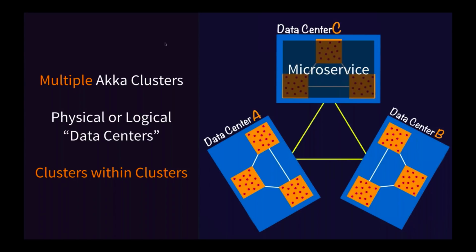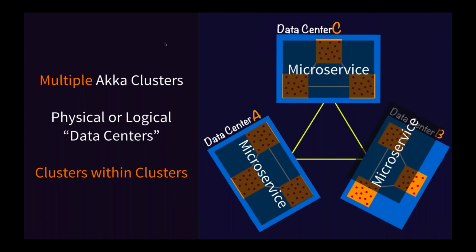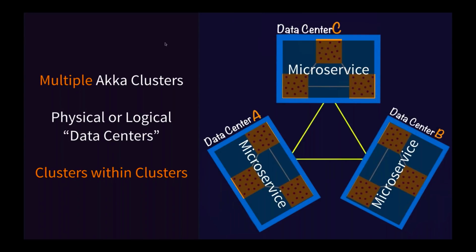This opens up something that some people have been asking about: each of these so-called data centers is a logical grouping of nodes that represent a particular function. What I'm showing here is 3 microservices configured to run in different data centers.